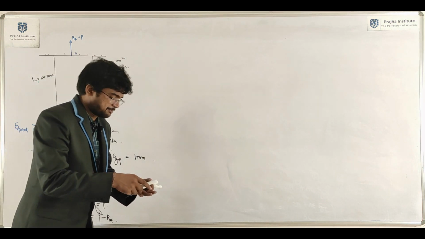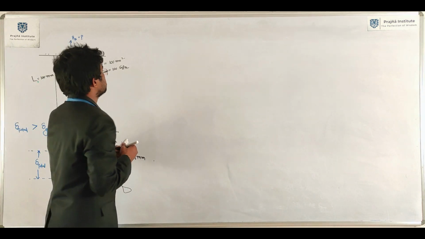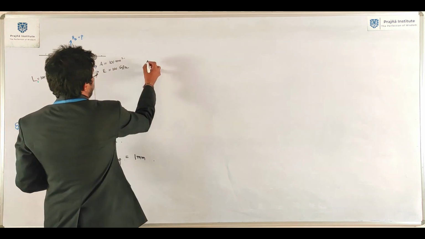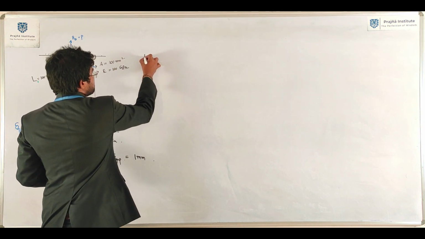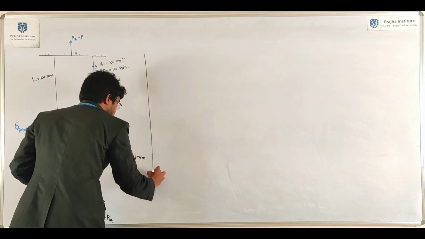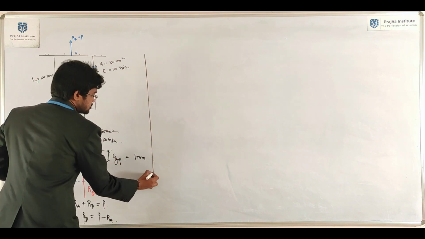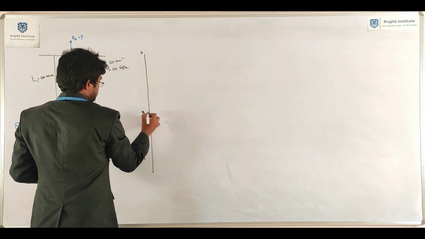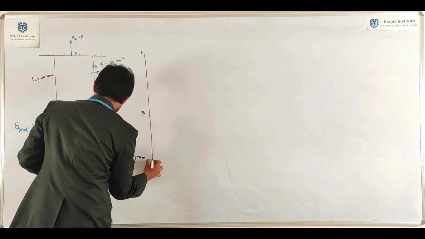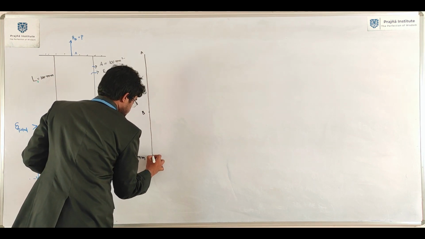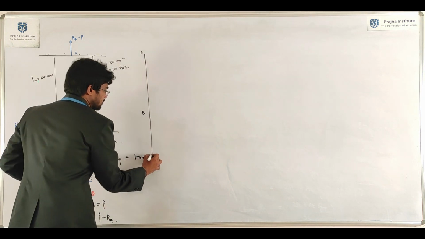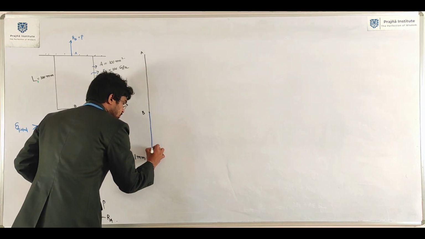Now as a first step, we need to determine the total deformation. For that we need to draw the normal axial loading diagram. So from here to here, this is A, B and C. From here to here there is no axial load.